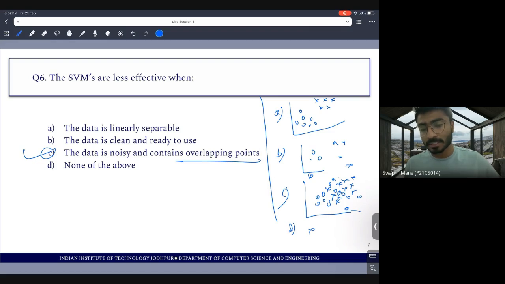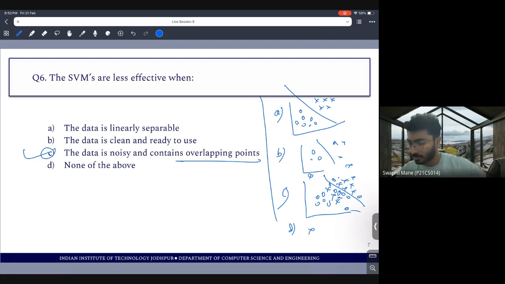The hyperplane or decision boundary we draw easily between linearly separable distributions. But here it is difficult to draw a separating line. I hope you guys understood, right?